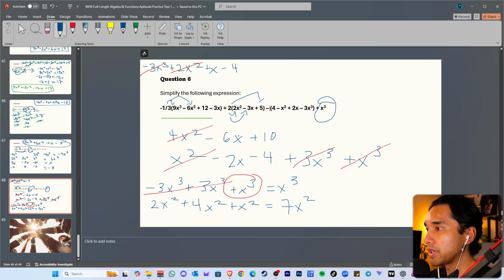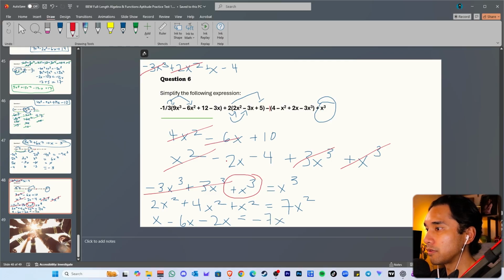All right, next we have x minus 6x minus 2x equals what? x minus 6x equals minus 5x, and minus 5x minus 2x equals negative 7x.